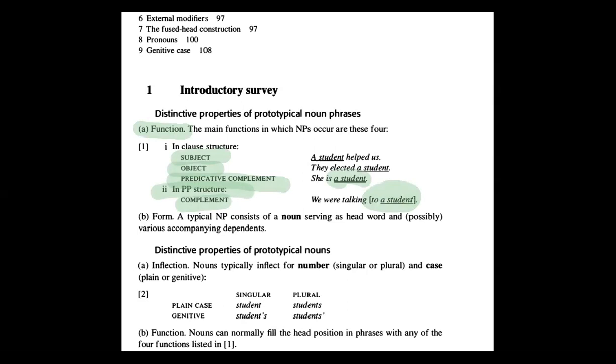As an object: they elected a student. As a subject: a student helped us. So we got four main functions for noun phrases: subject, object, predictive complement, and preposition structure complement.